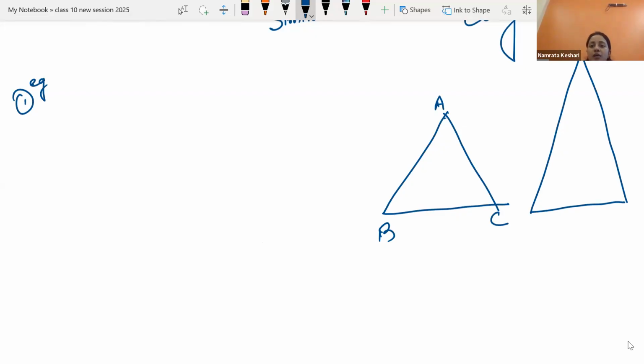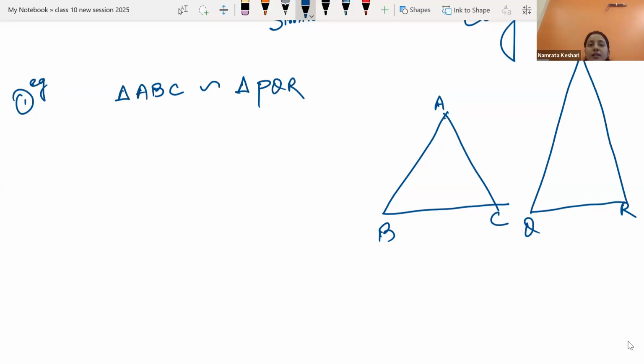Now these two triangles are similar with each other. Suppose I'm telling you triangle ABC is similar to triangle PQR. Let's have a feel of what that means.